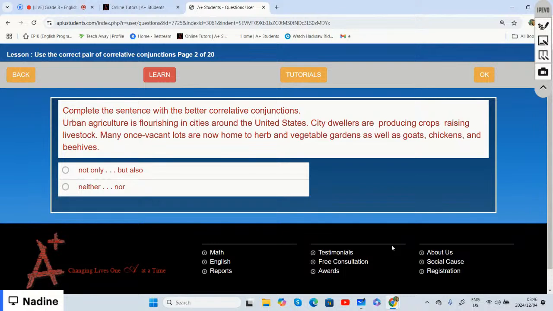Many once vacant lots are now homes to herb and vegetable gardens as well as goats, chickens, and beehives.